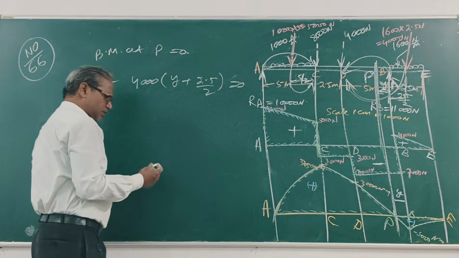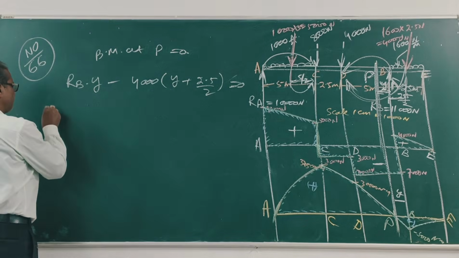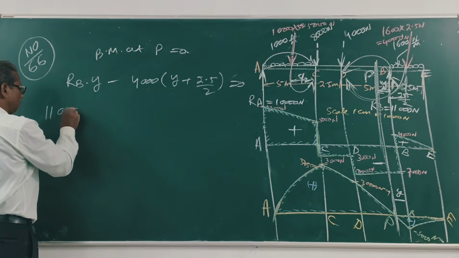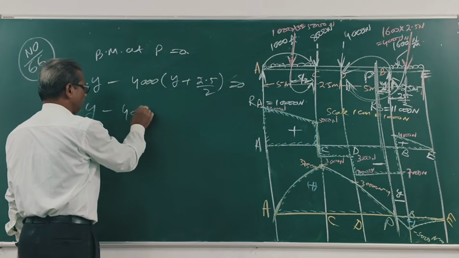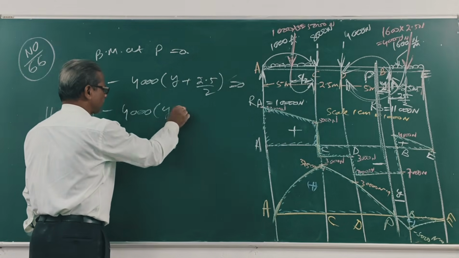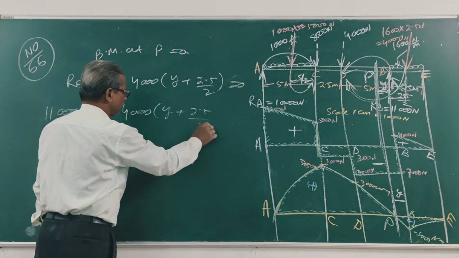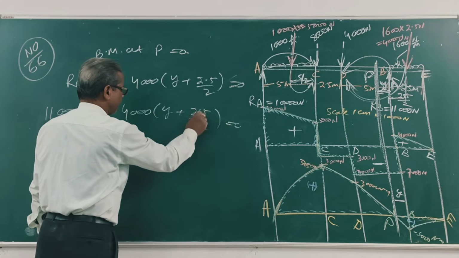So 11,000 into Y minus 4,000 into (Y plus 2.5 by 2). Clear?